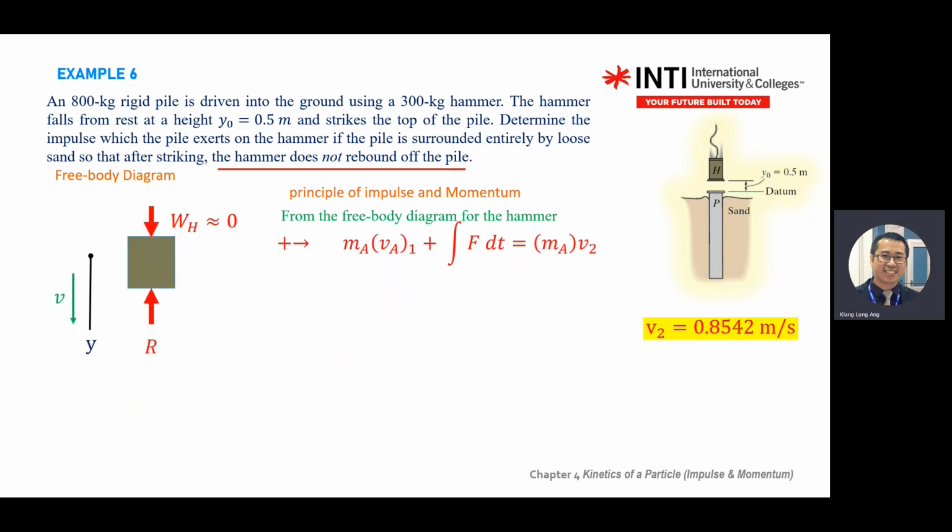So, free body diagram, you write principle of impulse and momentum, momentum before plus impulse equals momentum after. Okay. So you already have V2 just now. M2 you can find. Then MA you can find, given what is the hammer velocity before it hit?